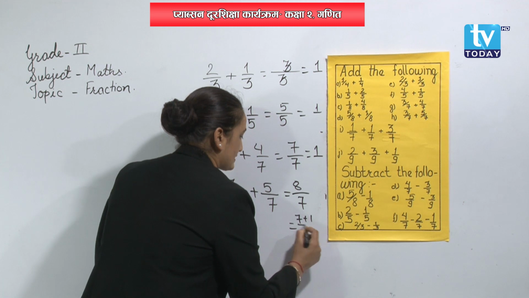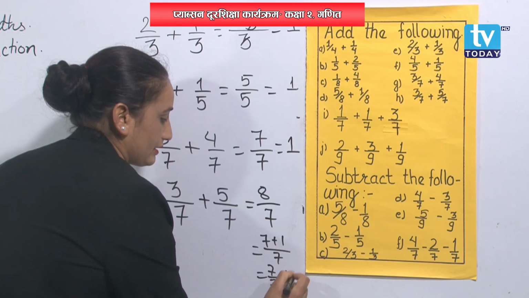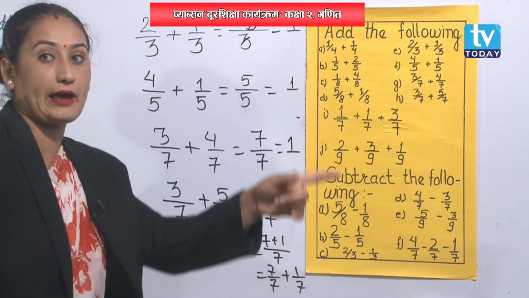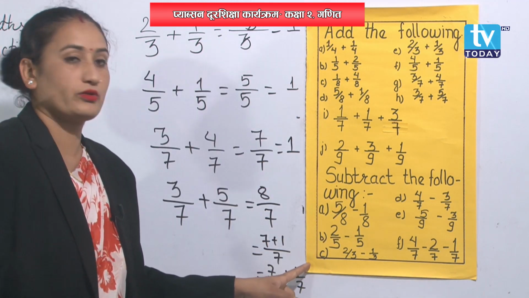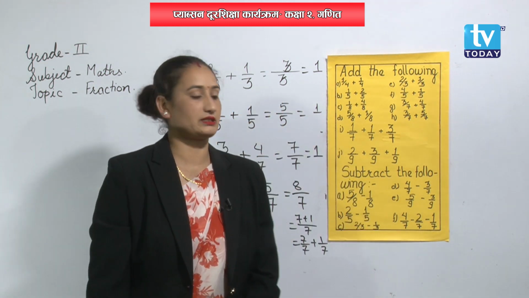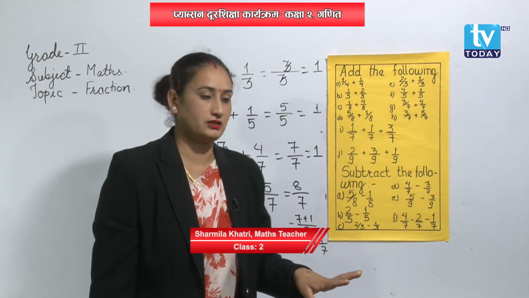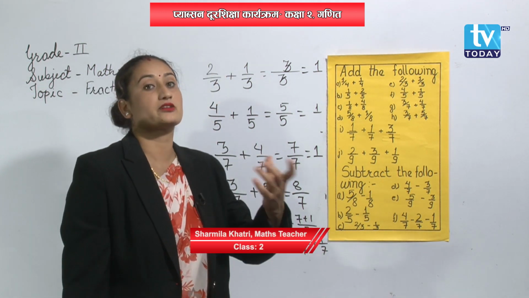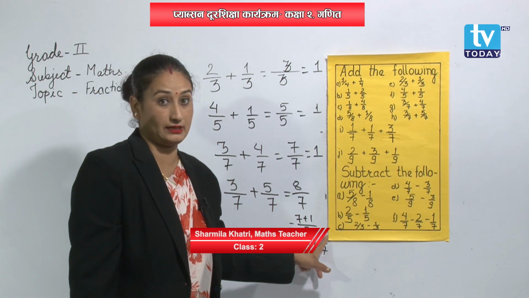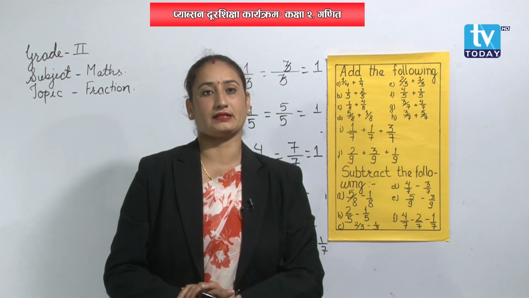7 by 7 means one whole apple, then 1 by 7 in another apple. We have 1 piece, and still 6 pieces are left over on the plate. So one whole apple is already finished, and from another apple 1 piece is taken, and the remaining 6 pieces are still there.